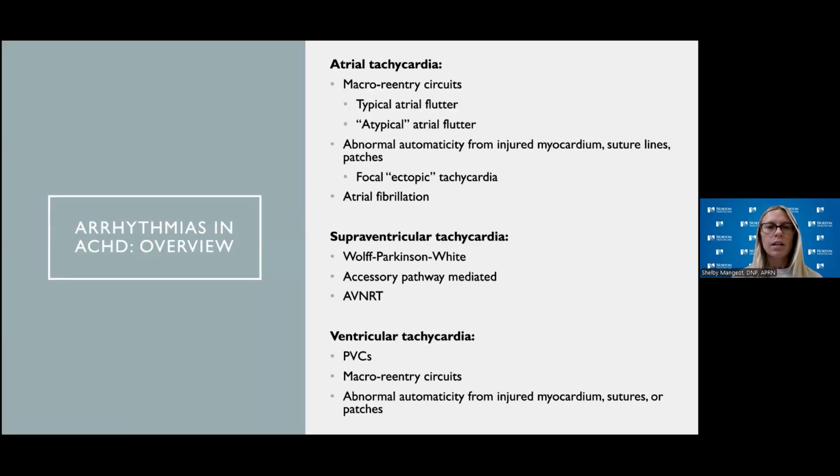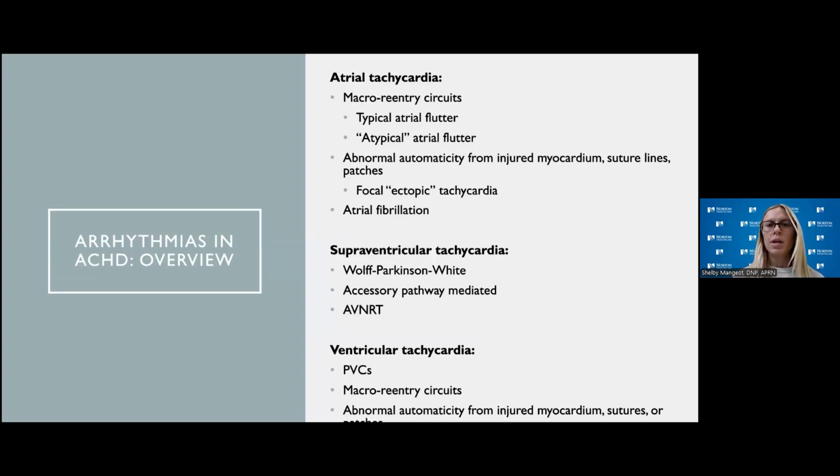And so this slide is a really nice overview of common arrhythmias that we see within the adult population, starting with our atrial tachyarrhythmias. And like Dr. Iqbal nicely said, these atrial arrhythmias are going to be our most common ones seen within the adult congenital population. Anywhere from our macro reentrant circuits, like the atrial flutter, to abnormal automaticity, such as focal atrial tach, ectopic atrial tach, and atrial fibrillation.